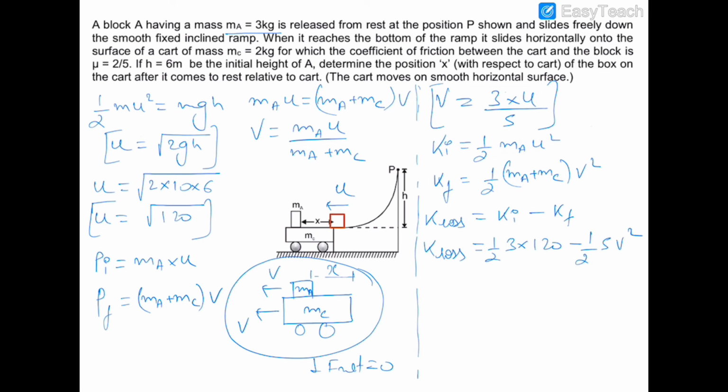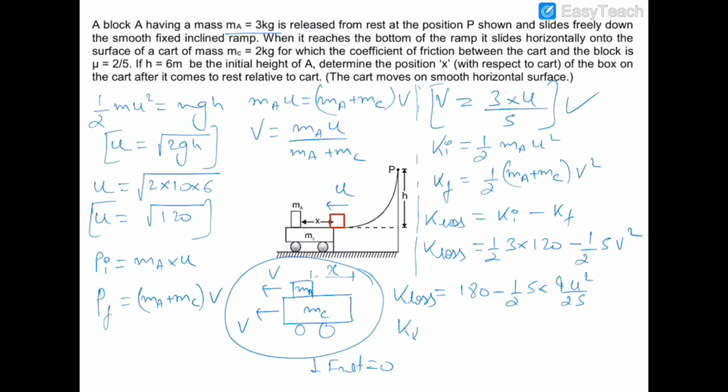So this loss of kinetic energy will be equal to 180 minus half into 5 into 9u square by 25, because v is equal to 3u by 5.